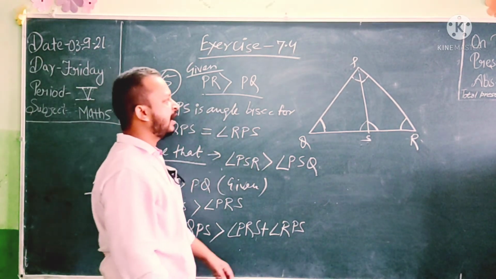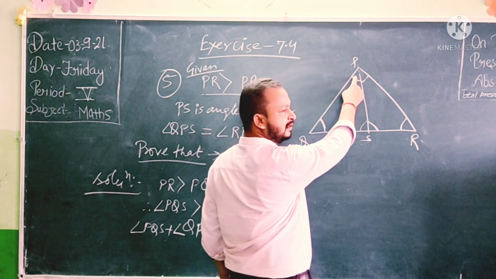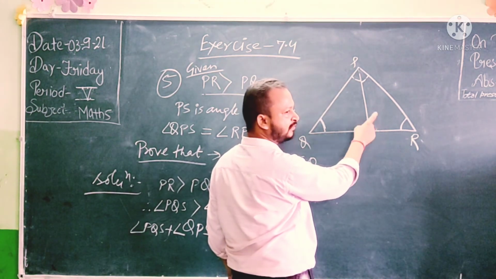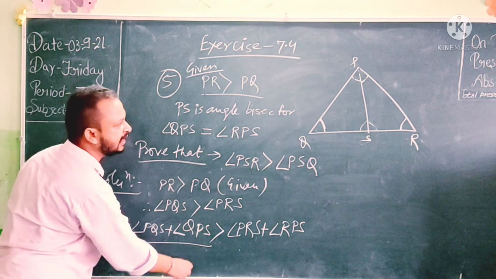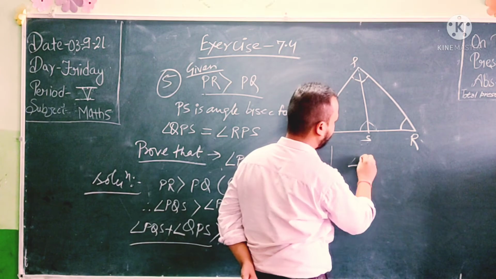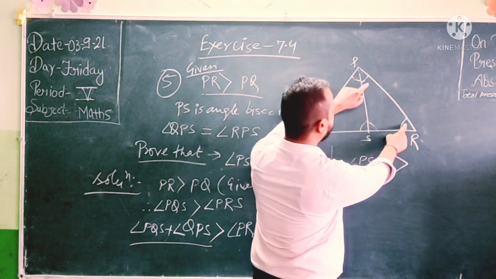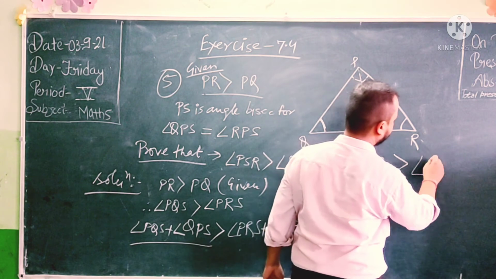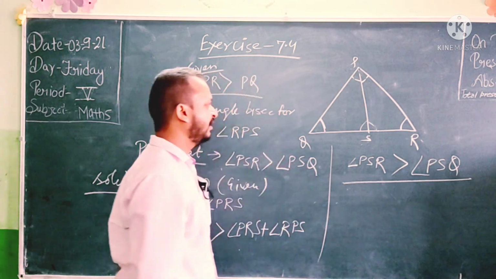Right? Now, you know that the sum of this angle and this angle is equal to this angle, because this is an external angle of this triangle. So in place of PQS plus QPS, we can write angle PSR. So angle PSR is greater than the sum of this angle and this angle, which is equal to this angle, right?